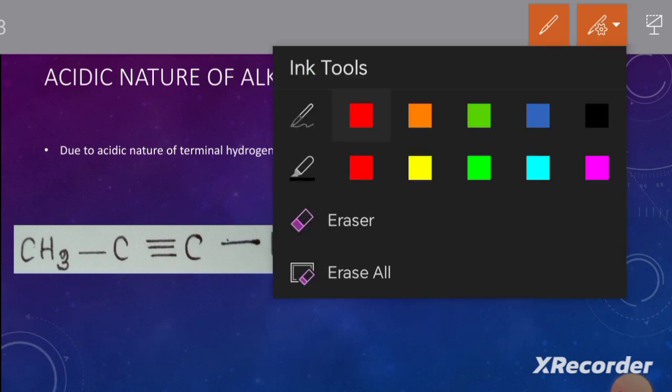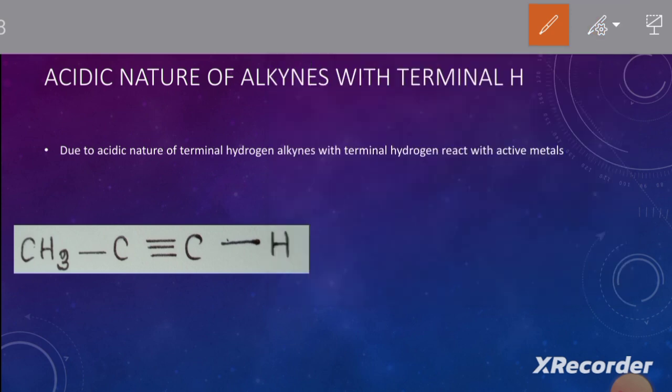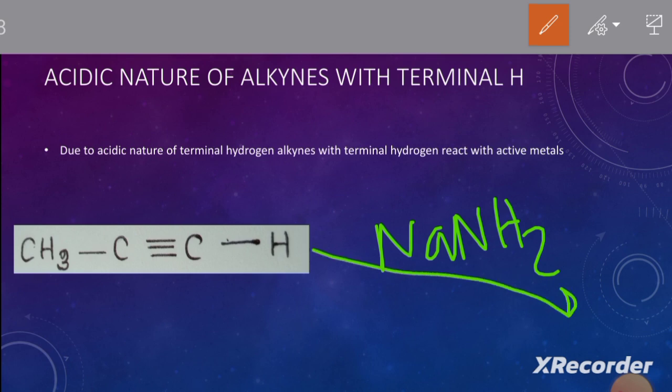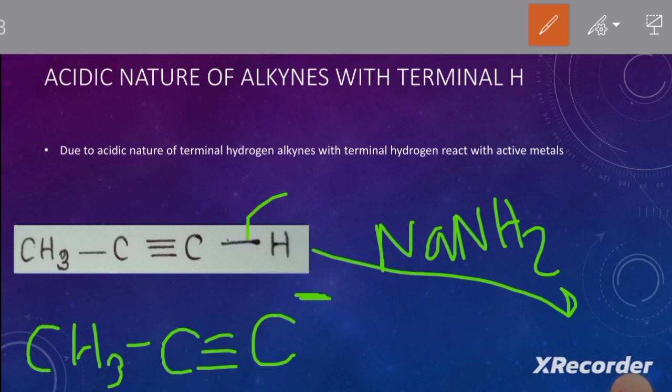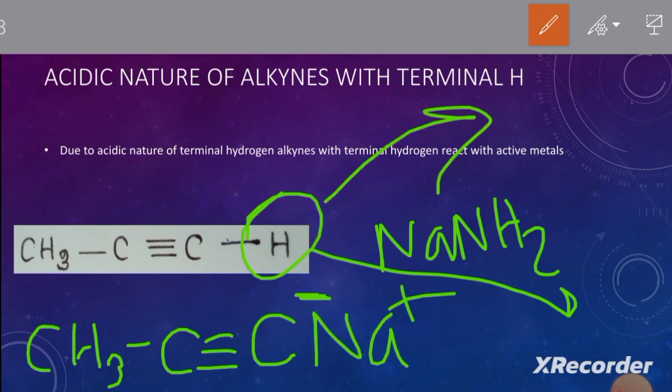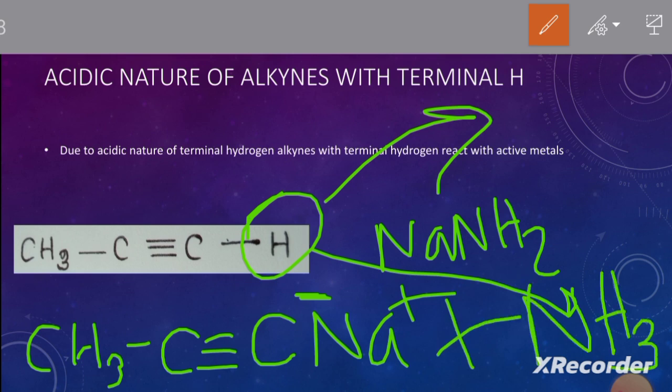If we write the reaction with NaNH2, what happens is that for this CH3, C triple bond C minus, the hydrogen leaves and Na plus comes to here, forming the gas ammonia, NH3.